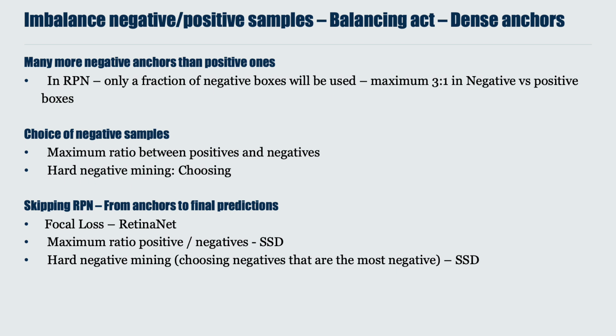You have obviously ways, and we'll see that later, of skipping the RPN part, the region proposal network part, and try to get directly from the anchors to the final prediction. So that's typically what RetinaNet is doing with the focal loss, and by maximizing a specific ratio between positive and negative in the SSD network. And for that, again, the SSD solution is to choose negatives that are the most negatives.